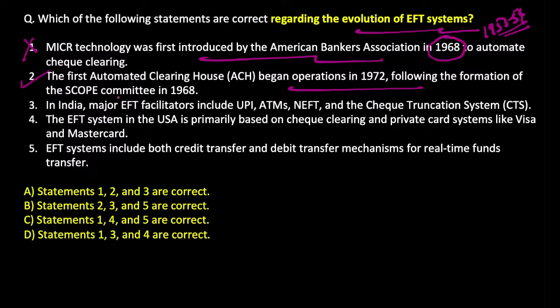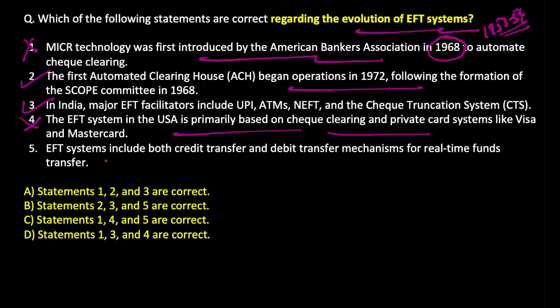In India, major EFT facilities include these, 100% true. EFT system in USA is primarily used for cheque clearing and private card systems like Visa. No, EFT is used for remittances like in the US we have Fedwire, we have CHIPS. These are the services they majorly use.